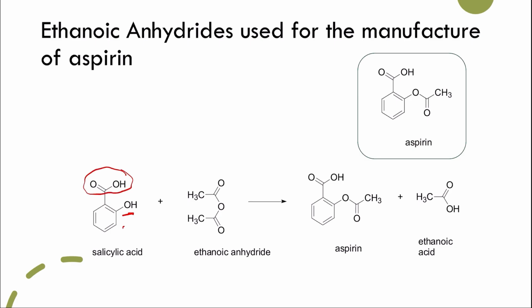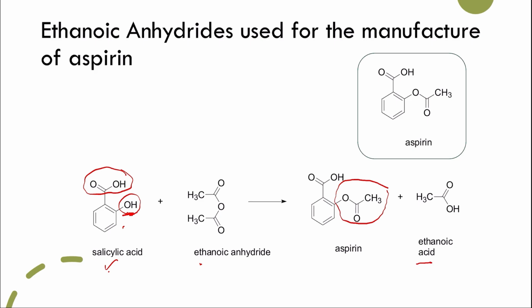If you react this carboxylic acid, which has an alcohol functional group, with ethanoic anhydride, this reaction will proceed to make the ester. So it's an ester of salicylic acid. This is called aspirin. And then you're going to have a side product of ethanoic acid.